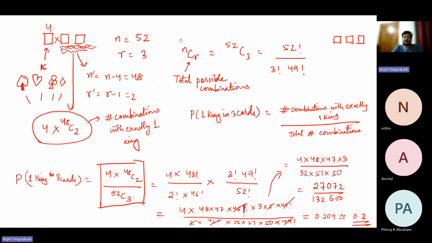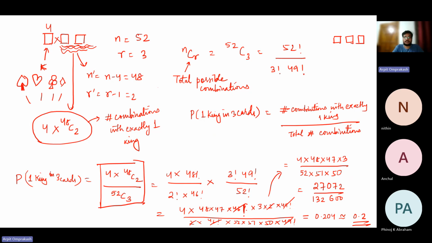If you understand that part, then an easier way for you to calculate would be to just input this into your calculator. Most scientific calculators will have a function to calculate C or P, so nCr and nPr, they'll have functions to calculate that.